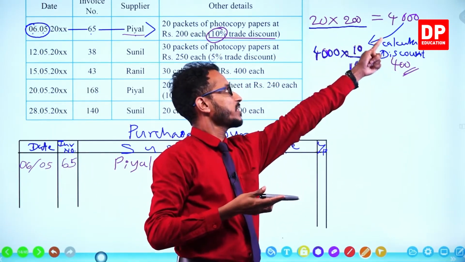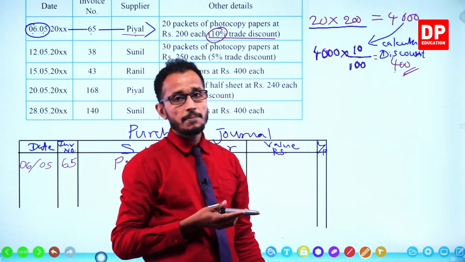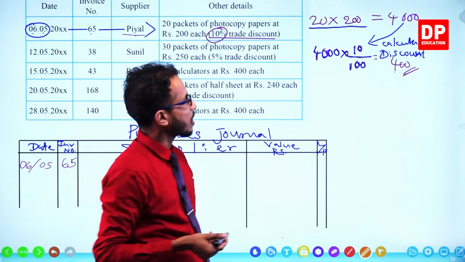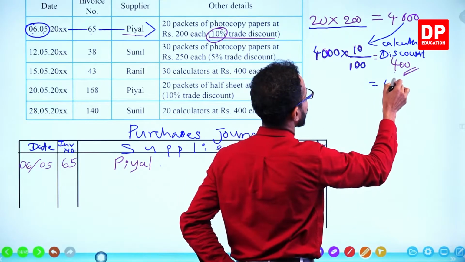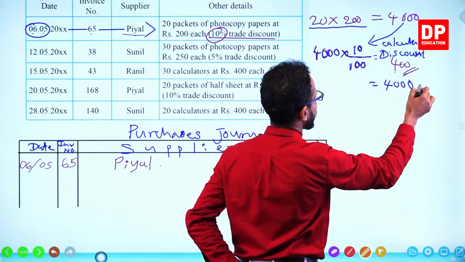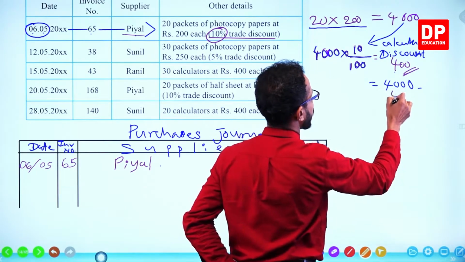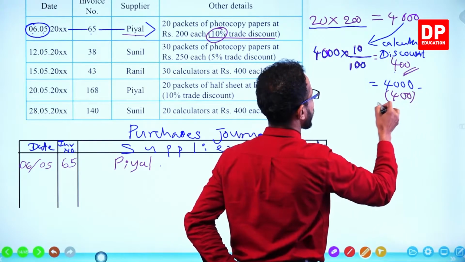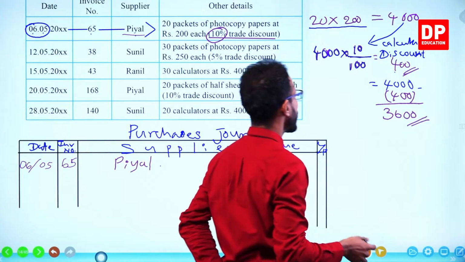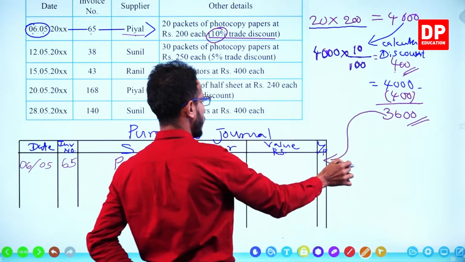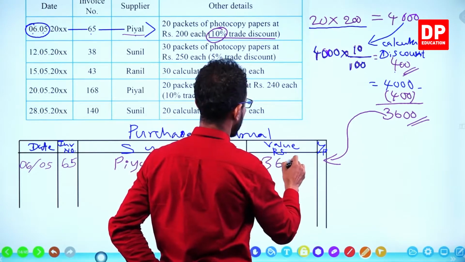From 4,000 we need to subtract or deduct this 400 because that is the trade discount. So 4,000 minus 400. What is the answer? 3,600. This is what we are going to take into the purchases journal. 3,600.